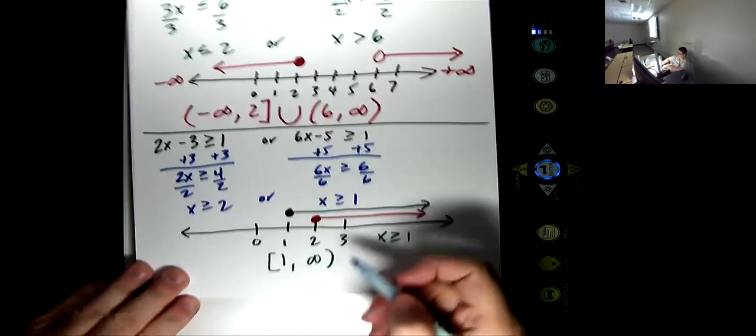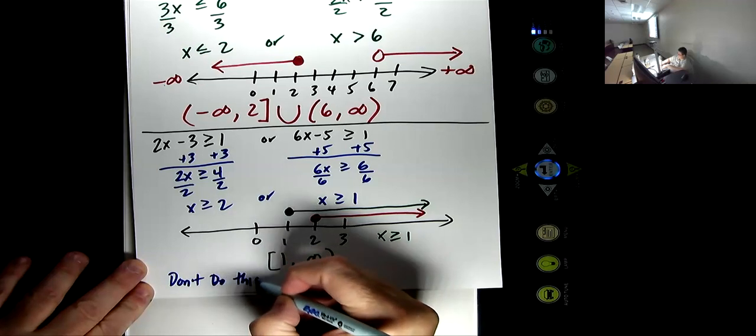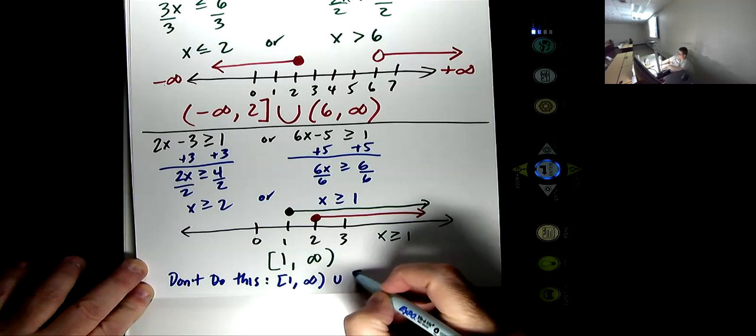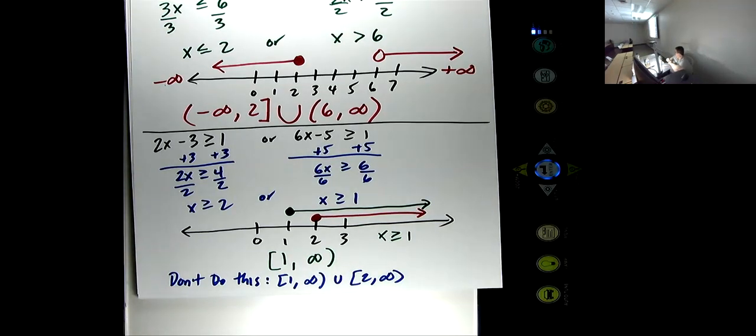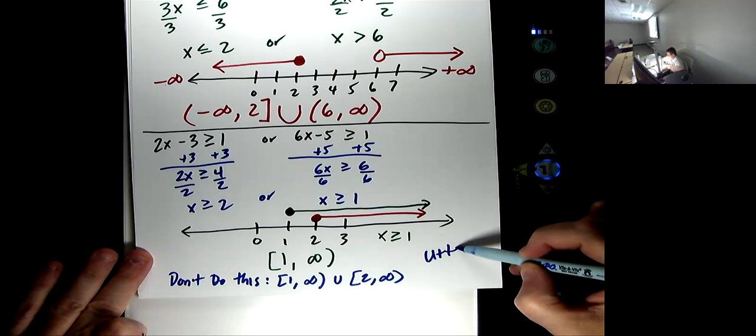Don't do this. Bracket 1 to infinity in union with bracket 2 to infinity. That doesn't make sense. This is utter nonsense. Don't do it.